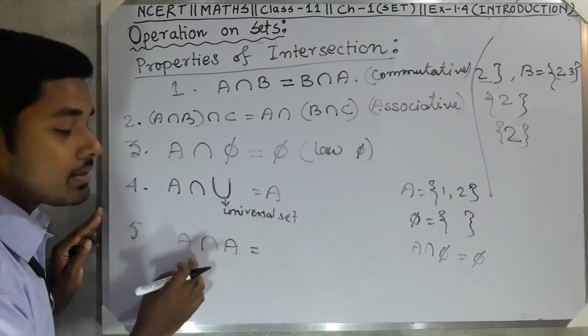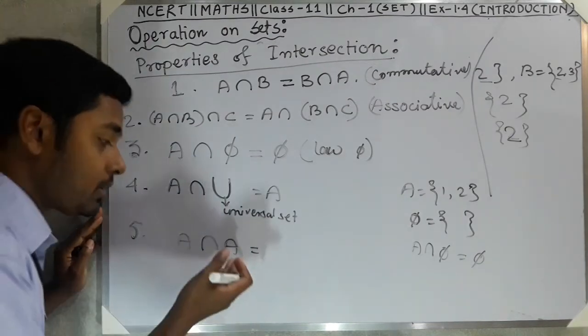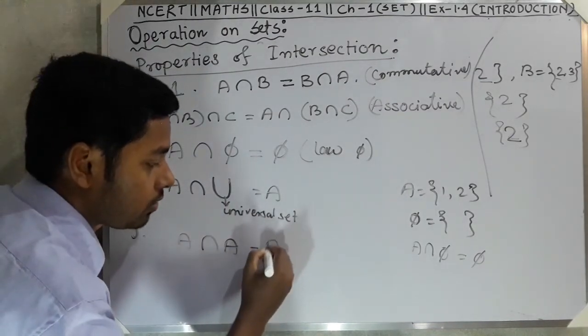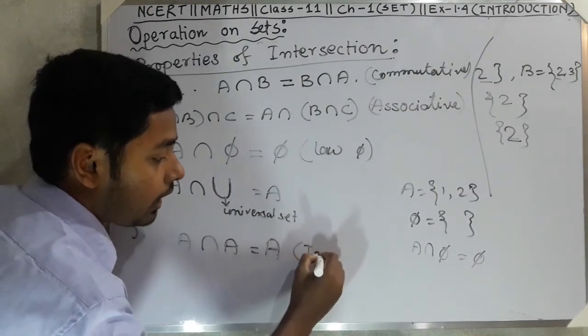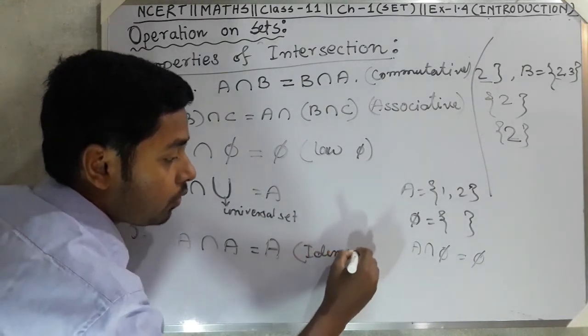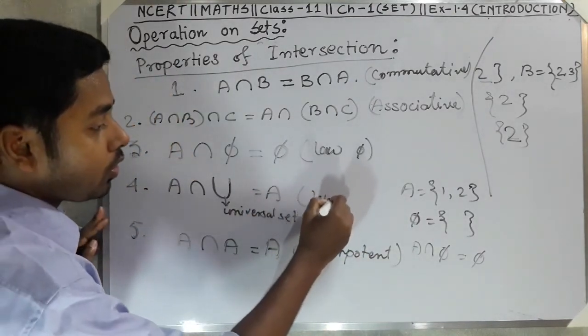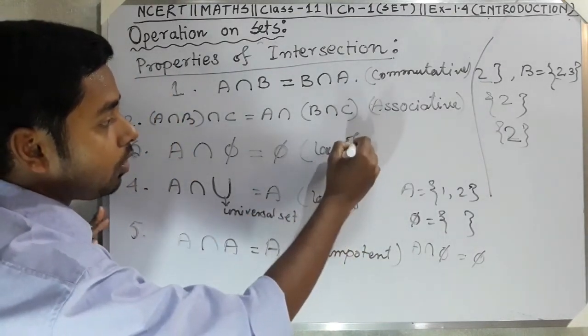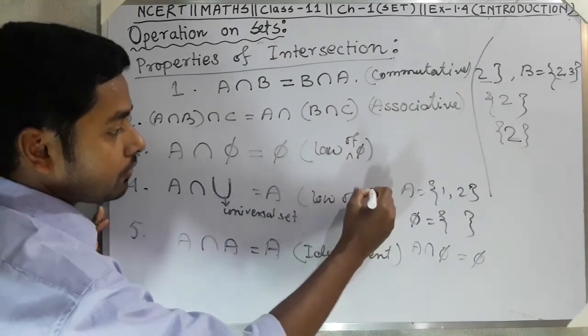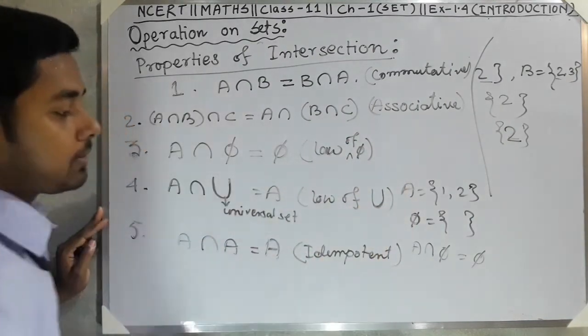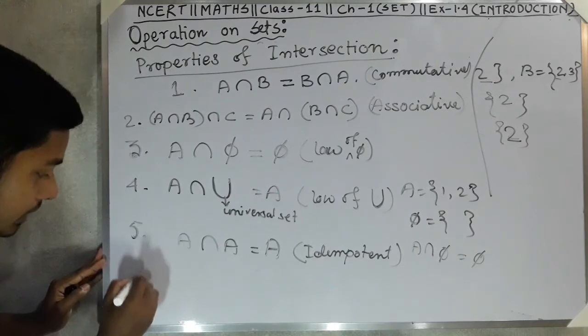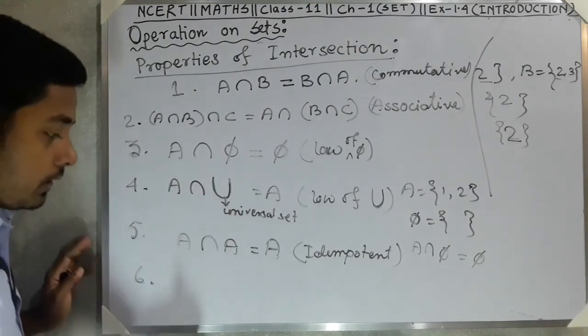Easily we can tell these are the same sets, so the common point is the same also. This is called idempotent. Here law of phi, here law of universal set, here idempotent.